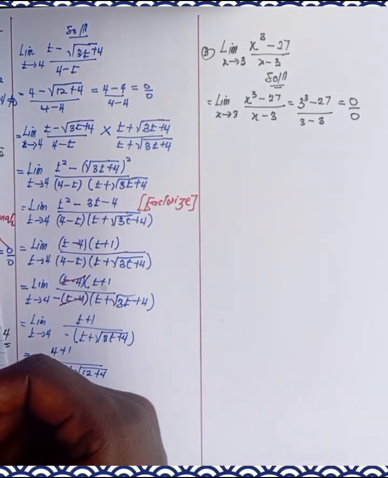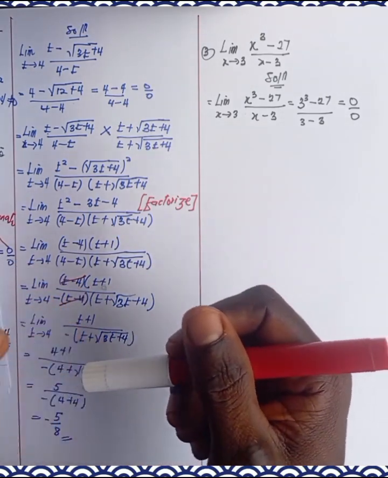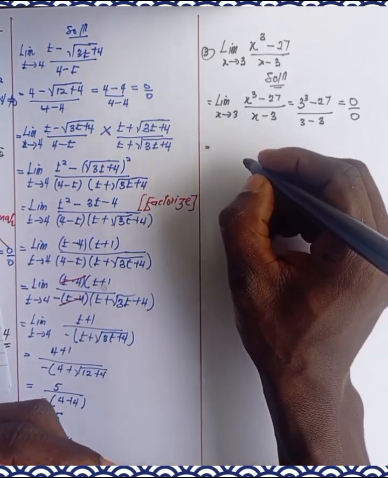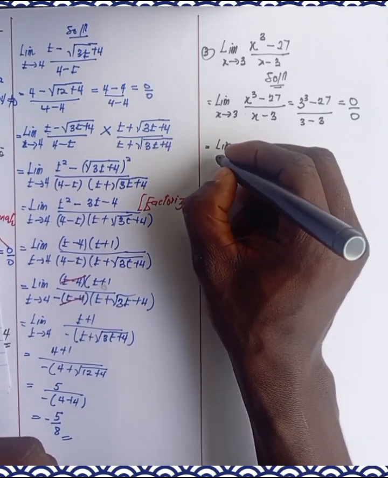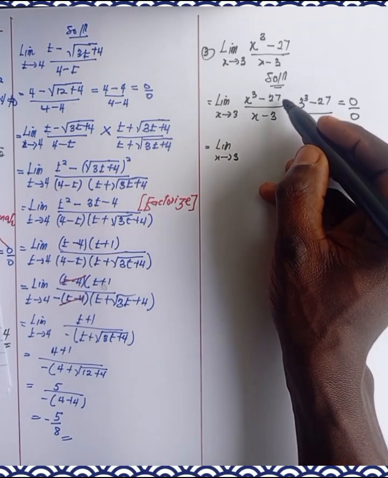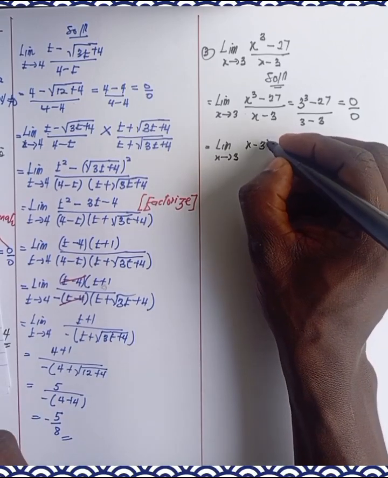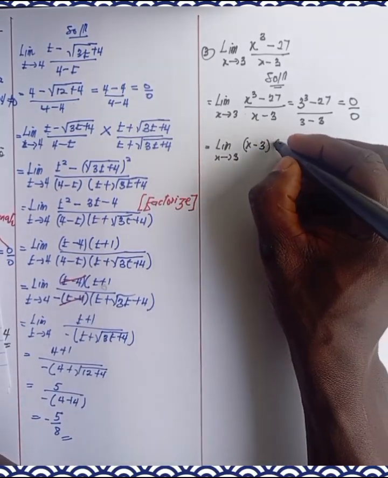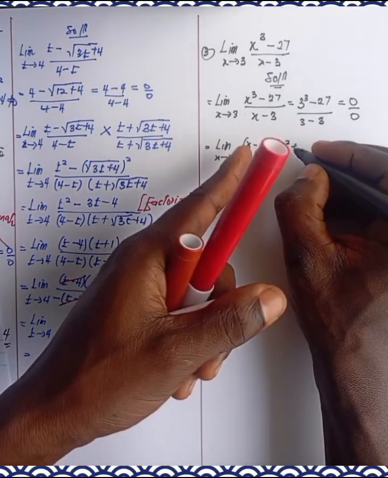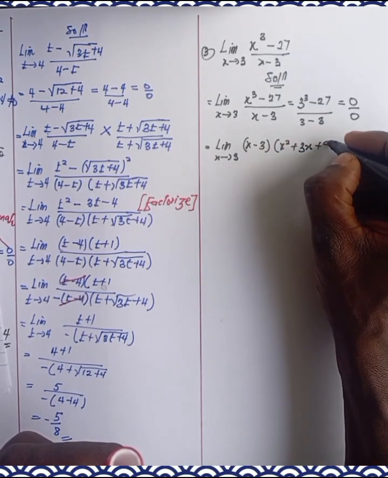So we have to algebraically manipulate the function so that we can find the limit of that very function. So we know that the limit as x approaches 3. Now when you expand this, you are getting (x minus 3)(x squared plus 3 times x plus the square of 3, that is what? 9).